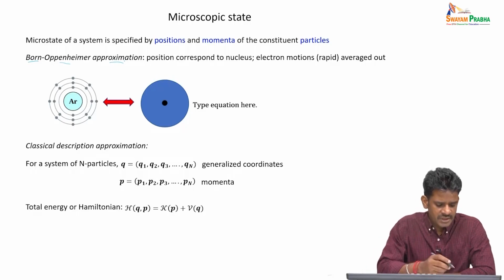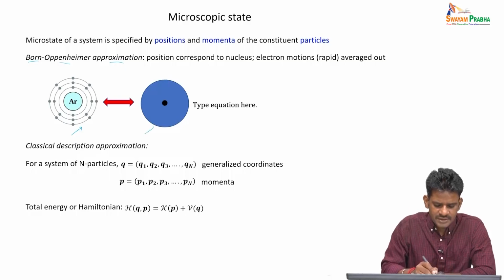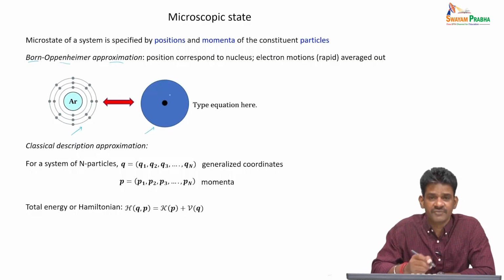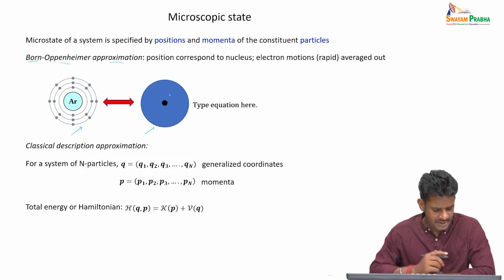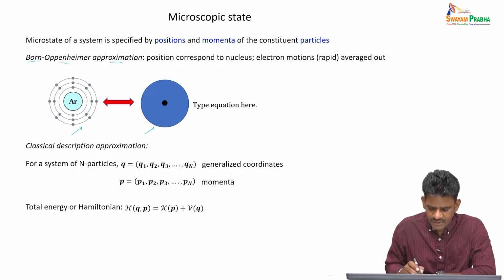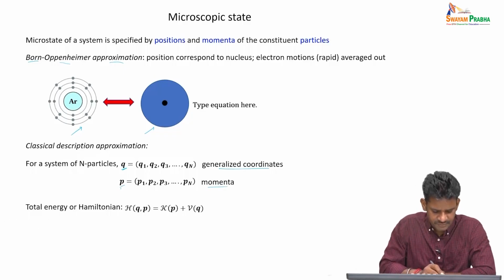So, we think about a particular molecule as a sphere with a center of mass with some finite size. Once we have this kind of outlook, we can describe the microstate of the system by defining all the positions and momenta of the particles. So, we define the generalized coordinates, known as q, and all the momenta as p.